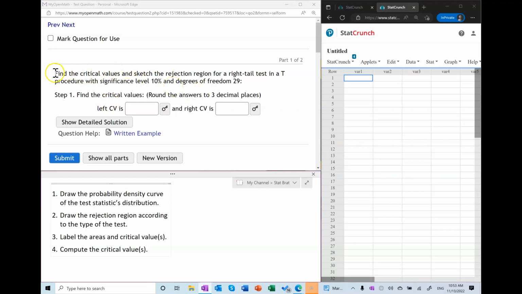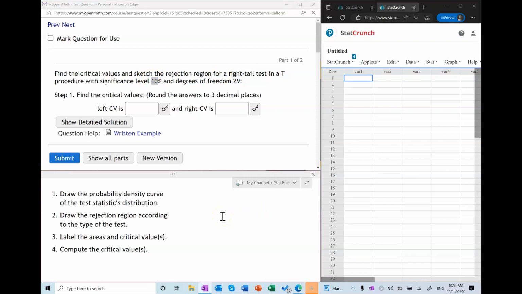So here's a problem, and we have clearly a t procedure here. So we identify the involved distribution as a t with 29 degrees of freedom, and we have a right tail test, and the significance level is 10%. So we're ready to begin.